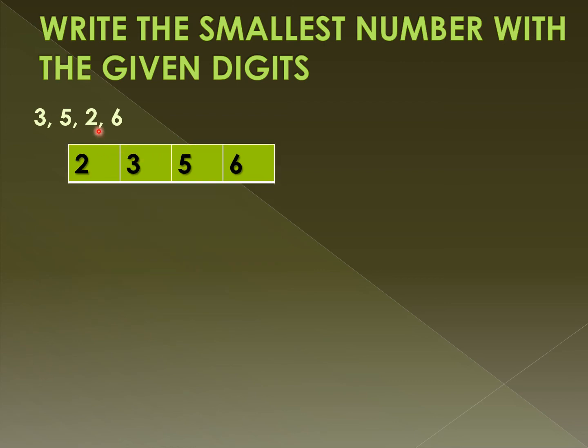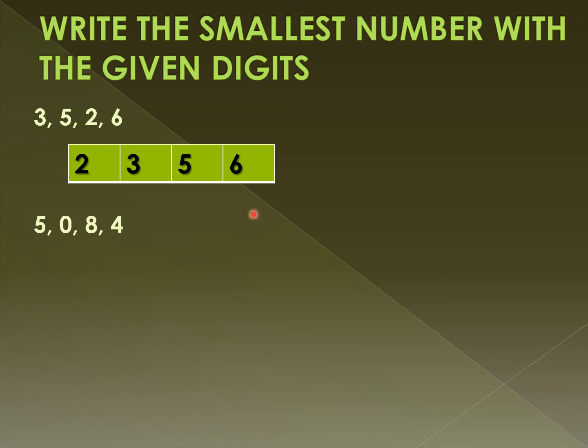So our smallest digit is 2, followed by 3, followed by 5, and then finally 6. So our smallest number with these given digits is 2356.